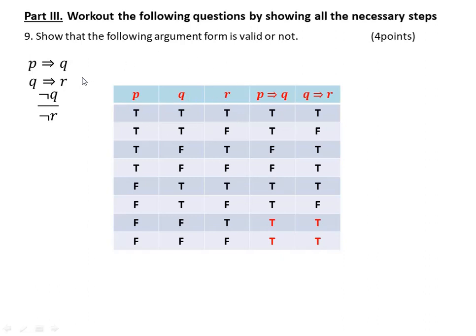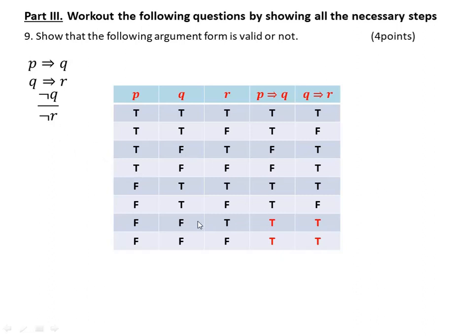Now here, I told you that P implies Q, Q implies R, and negation Q are premises. Then from this truth table, we can find where P implies Q, Q implies R, and negation Q are true. Then corresponding to those premises, we can determine the conclusion, negation R.